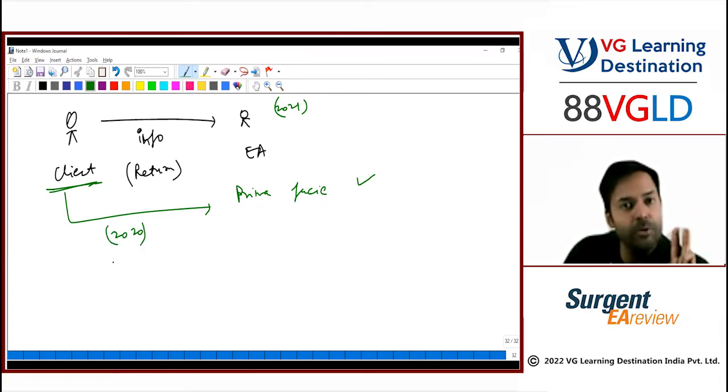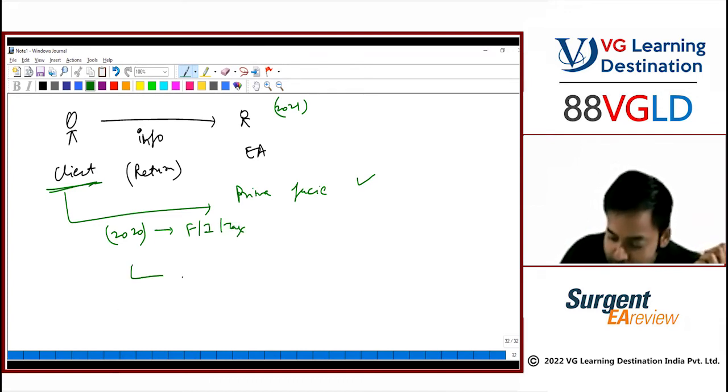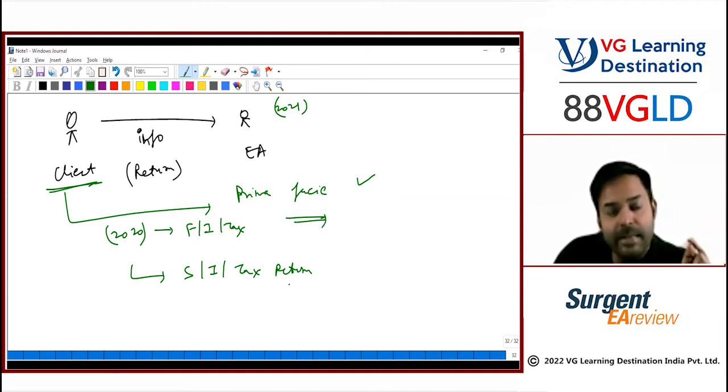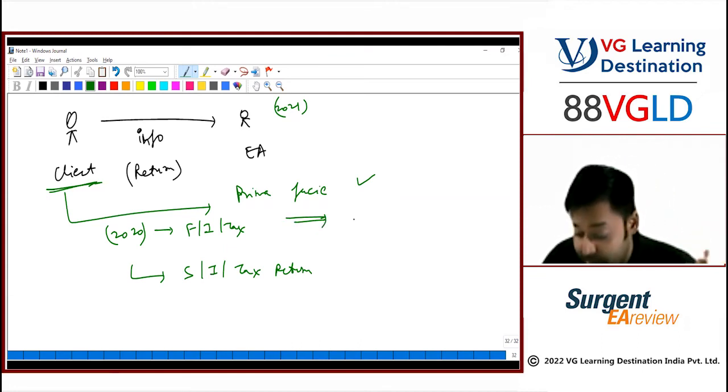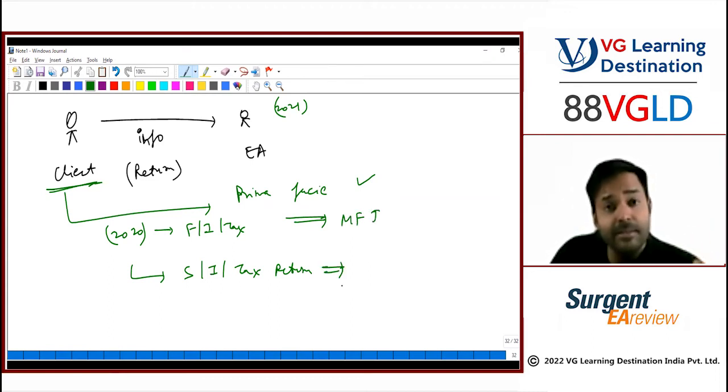So the client has given you the federal income tax return for 2020, and the client has also given you the state income tax return. So both have been given to you. Now, the federal income tax return says that the taxpayer has filed married filing jointly. But the state income tax return says that he is single.